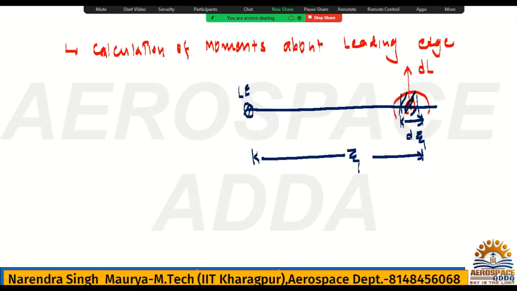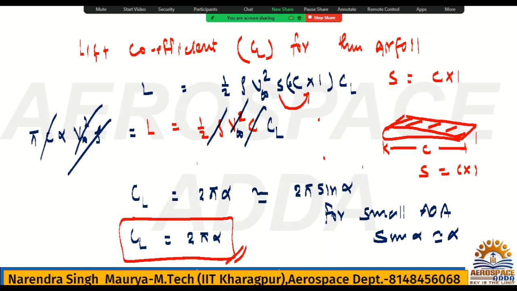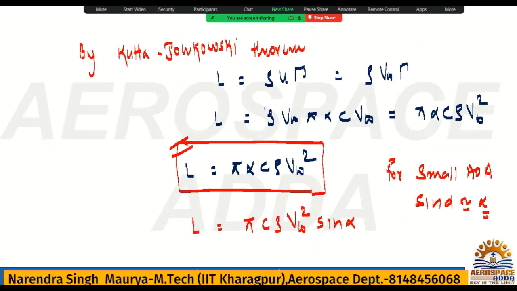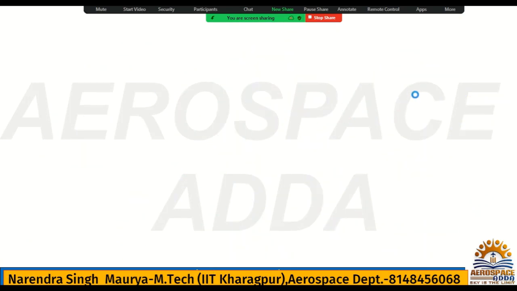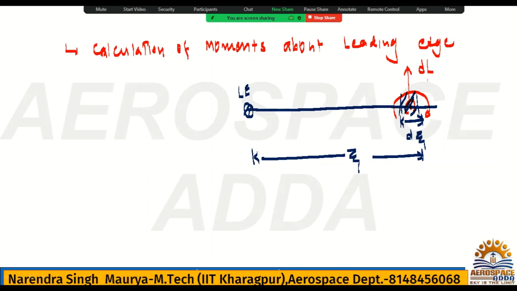And why are you getting lift force? Because of the circulation. You have seen if circulation is there, then by the Kutta-Joukowski theorem, lift will be there. It is 100%, it is proved already. If you get circulation there, then definitely you will get lift force. And what is the circulation? You had seen, it was gamma xi into d xi.